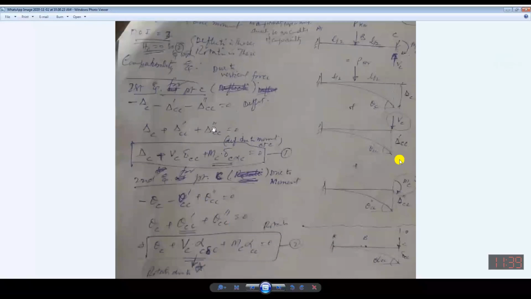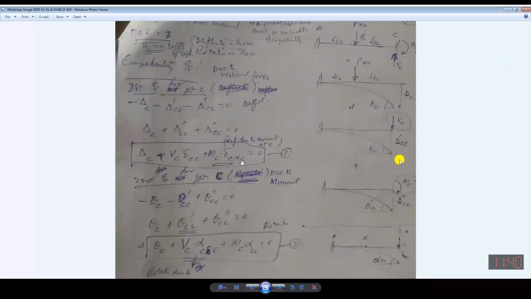It will be the moment at C multiplied with the flexibility, and the subscript is the deflection at point C due to unit moment. Alpha corresponds to unit moment, which has been applied at C. This is the first equation.